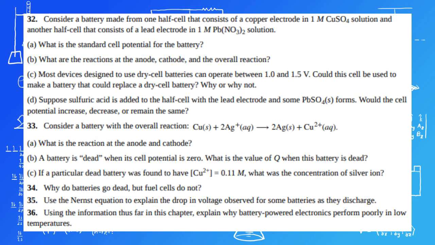35, use the Nernst equation to explain the drop in voltage observed for some batteries as they discharge. Oh, that's easy. That's because of the Q value changing.